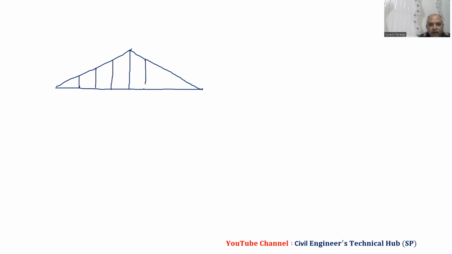Now I will not go into the wind load diagram and all this. We know we have the wind load diagram. We have 4 parts, 1, 2, 3, 4, and 1, 2, 3, 4, and we are interested in finding forces in these members due to wind load.